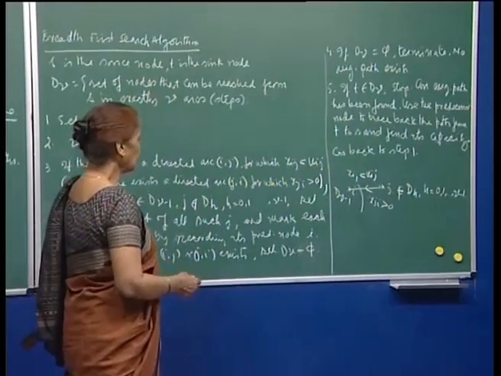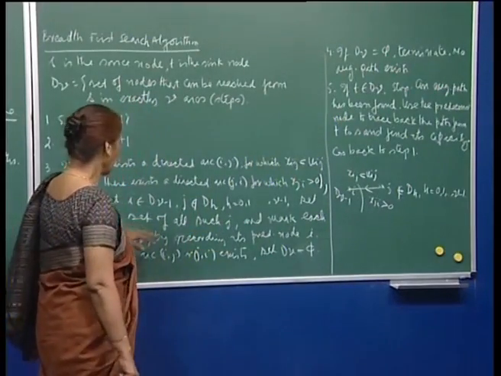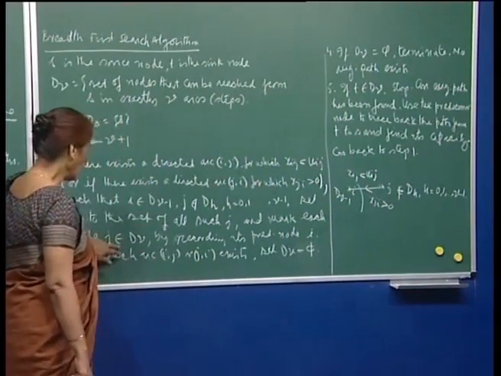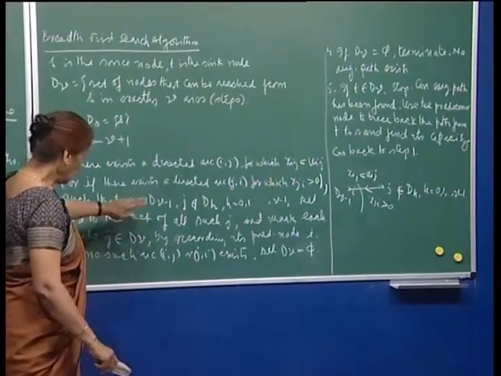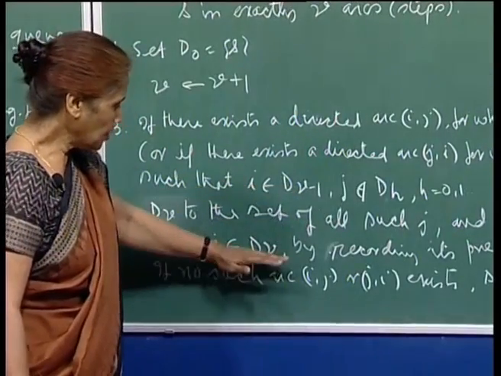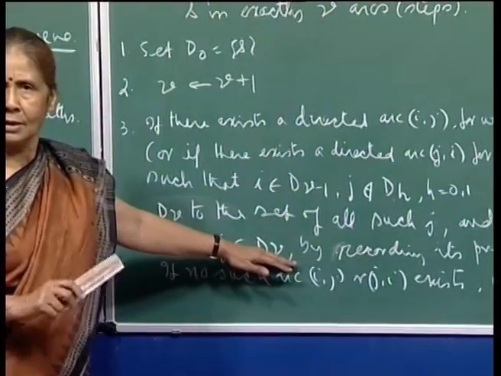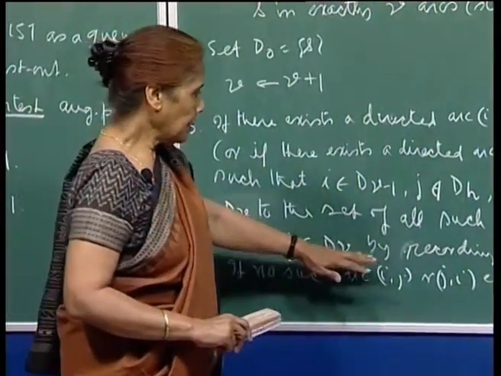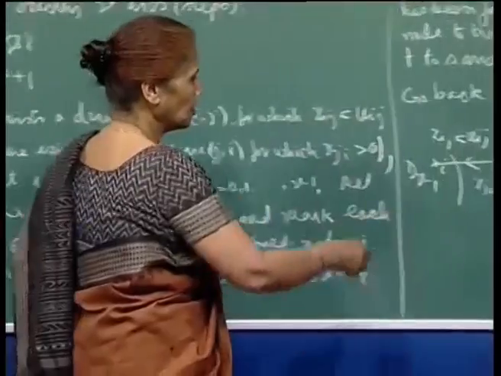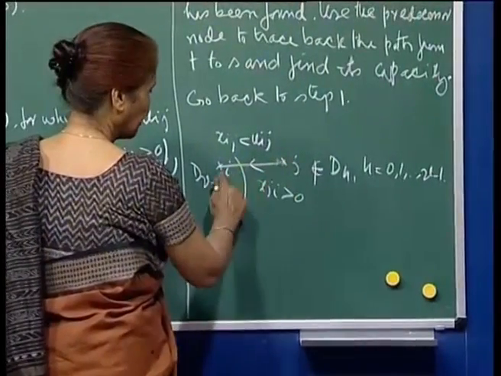Then I will put all such nodes j into the set, and mark each node j as belonging to D nu. So, I had constructed up to D nu minus 1. Now, I am showing you how to construct the set D nu, by recording its predecessor node. So, for example, for node j, I could label it from node i.